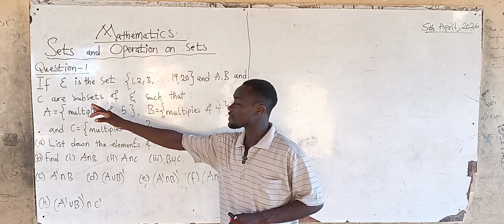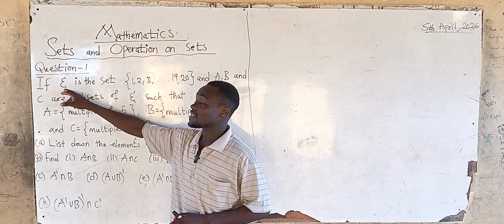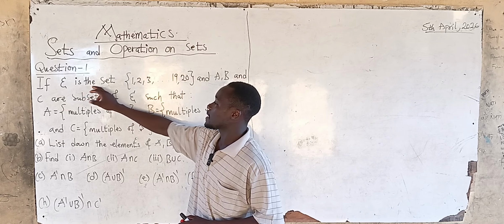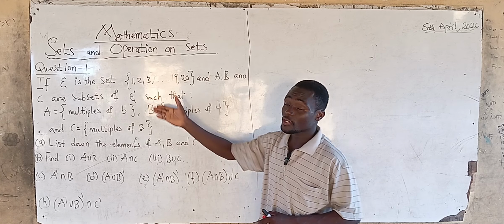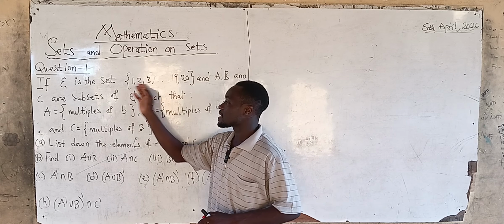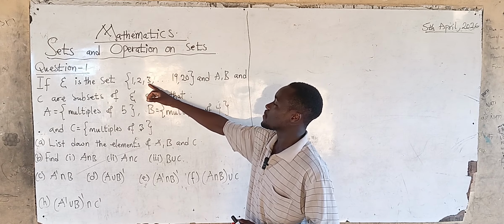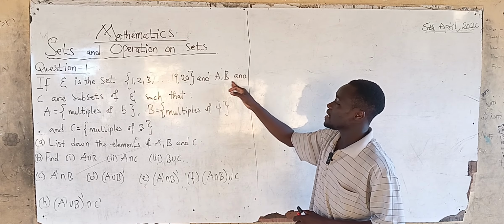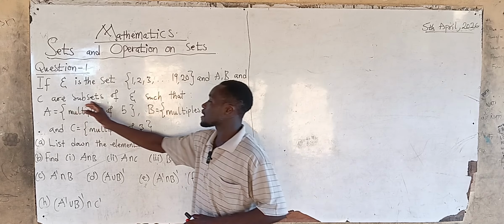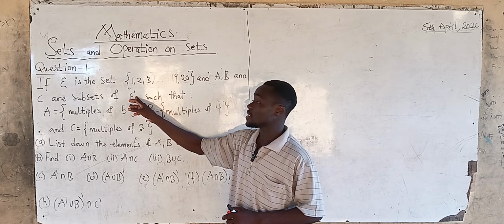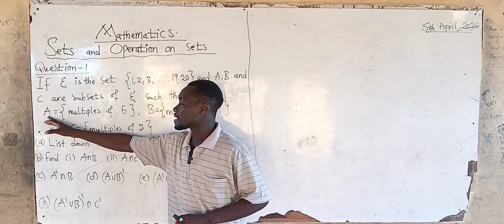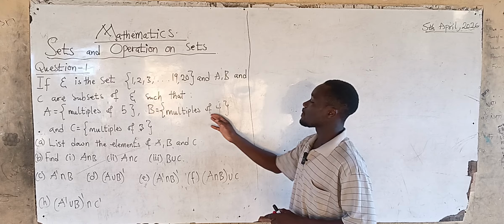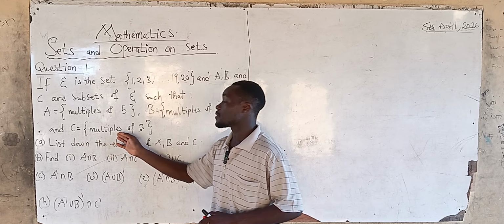It says that if E is the universal set, with elements listed as 1, 2, 3 through to 20, and A, B, and C are subsets of E, such that the set A includes multiples of 5, the set B includes multiples of 4, and the set C includes multiples of 3.